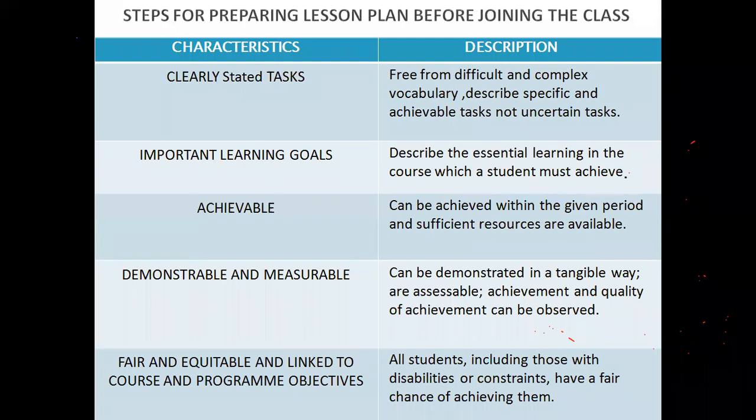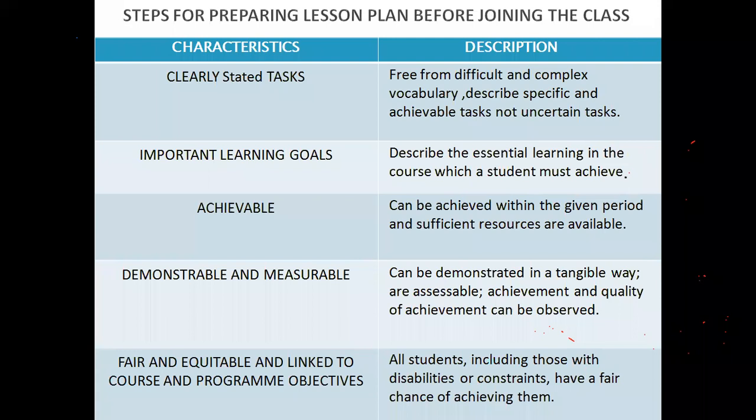Describe the essential learnings in the course which a student must achieve, which can be achieved within the given period, and for which sufficient resources are available. Whatever activities, tools and methods you need must be available with you whenever you arrive in the class, because by using them you can make the learning more effective and easier for the students.